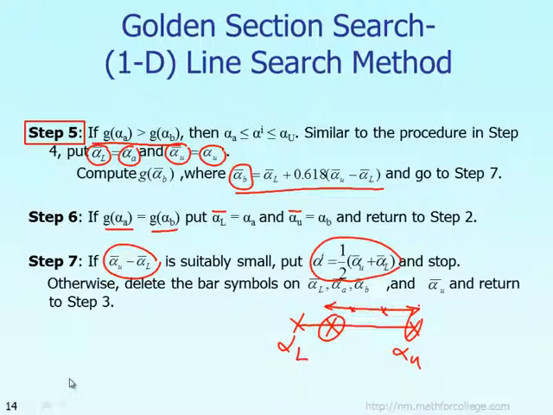And then by comparing the function value at those two interior points, you can say the new interval will be like this, in this range, or could be in the other range. And you keep doing that until the interval is small enough. Then you say the optimum should be the average of the lower bound and upper bound. And that's exactly what I said here.